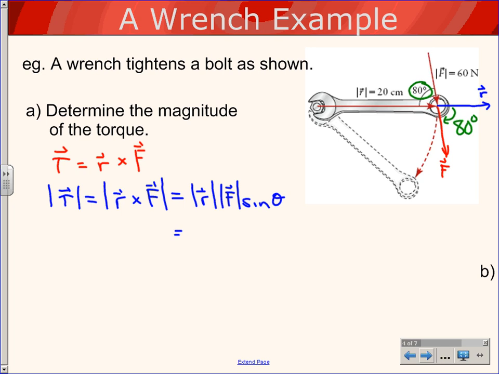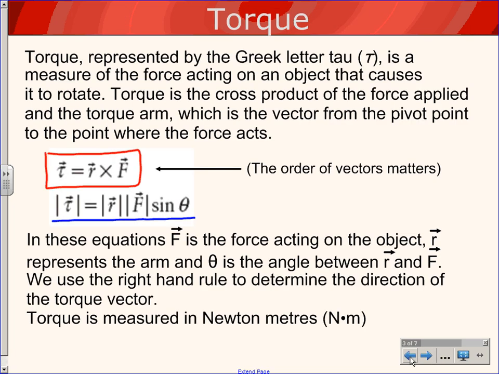So to calculate this, the magnitude of the radius. Now, one thing I better back up for a second because something I skipped over and I shouldn't have. It said torque is measured in Newton meters, and what's important there is the meters part. That's the way we're going to measure this force.